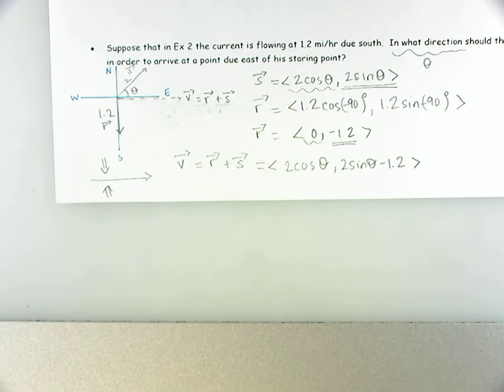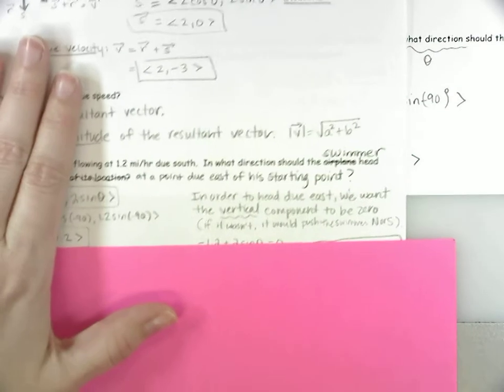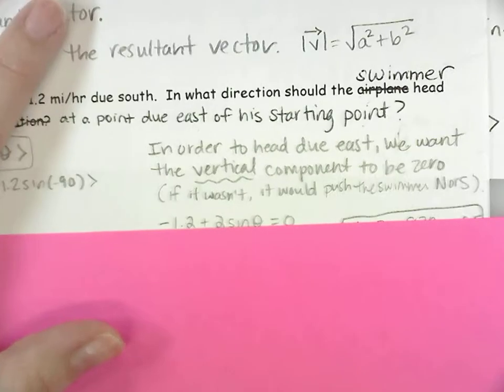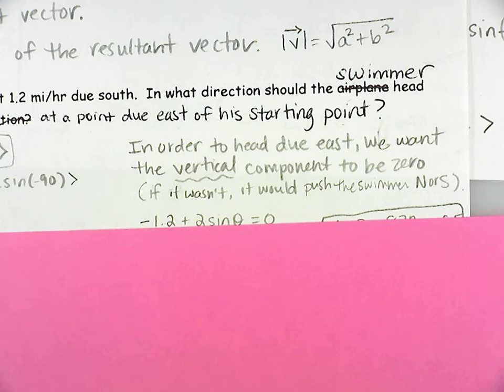Actually, I wrote out the explanation, so I'll show you that first and then I'll solve it with you. So in order to head due east, we want the vertical component to be 0 because if it wouldn't, it would push us, the swimmer, either to the north or the south.